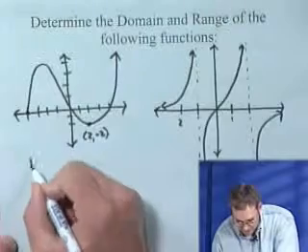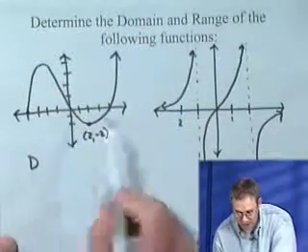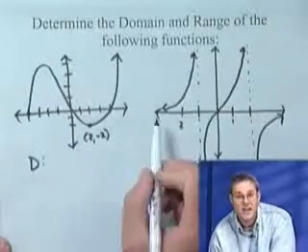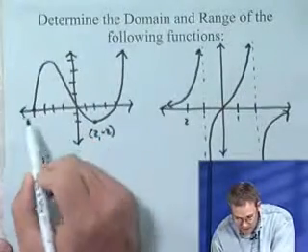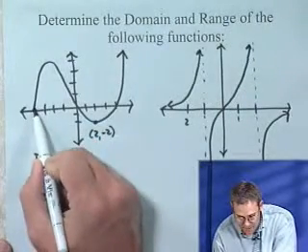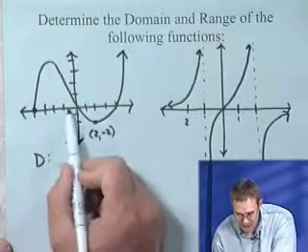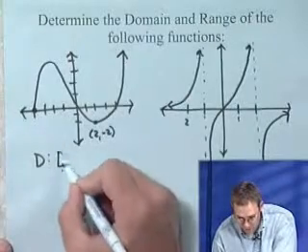The domain. Now let's just say that each tick mark represents one unit. Okay? The domain, again, are the x values. Notice my leftmost x value is right here. And see how it's a closed dot? Okay? That means the leftmost x value is negative 1, negative 2, negative 3, negative 4.